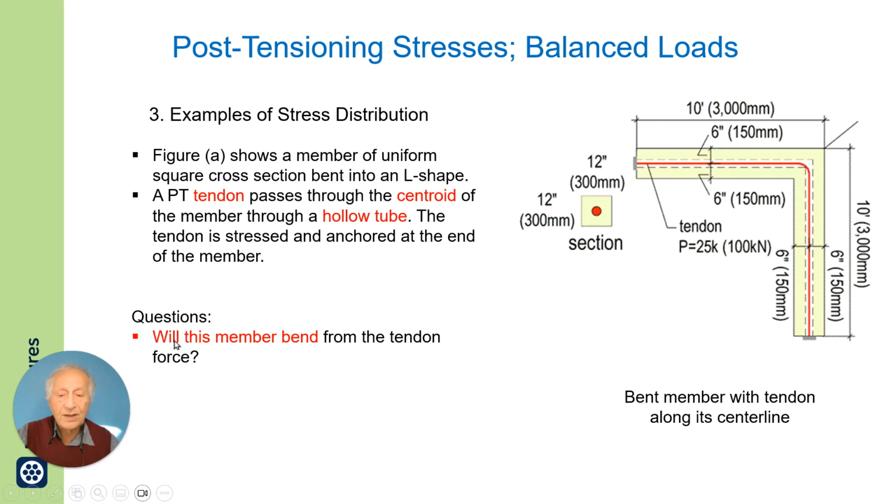The question is, will the member bend? Will the arms of the member bend? Never mind breaking, whether it will bend. And what is the distribution of stress along here?